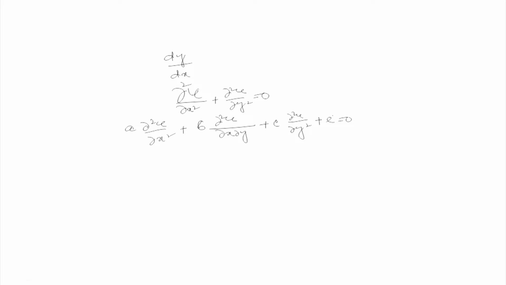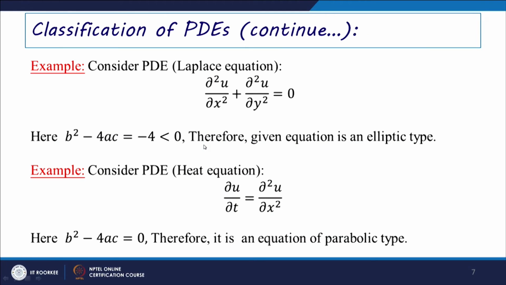If you compare these coefficients here, the ∂²u/∂x² coefficient is A, the ∂²u/∂y² coefficient is C, but this B coefficient, especially, is taking the 0 value here. So that's why we can represent B as 0, A as 1, C as 1 here.